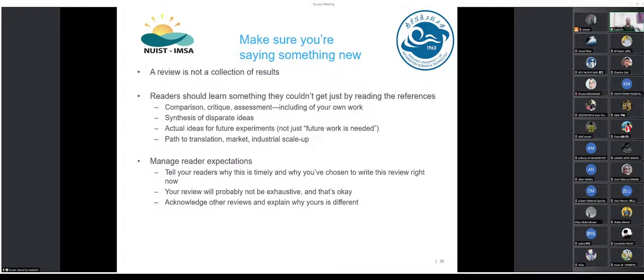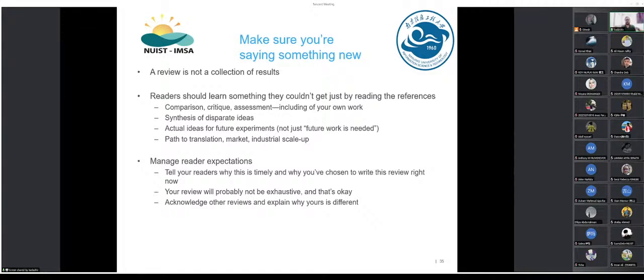And if you are getting any idea from another paper or review, you must acknowledge it: I have taken this idea from this paper, I am sharing this idea that was shared before, and my idea is different in this way. You should follow these points while writing a review.